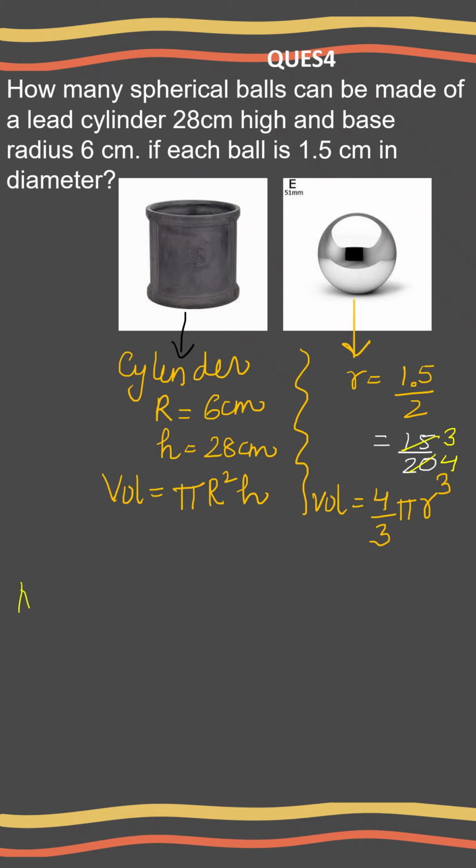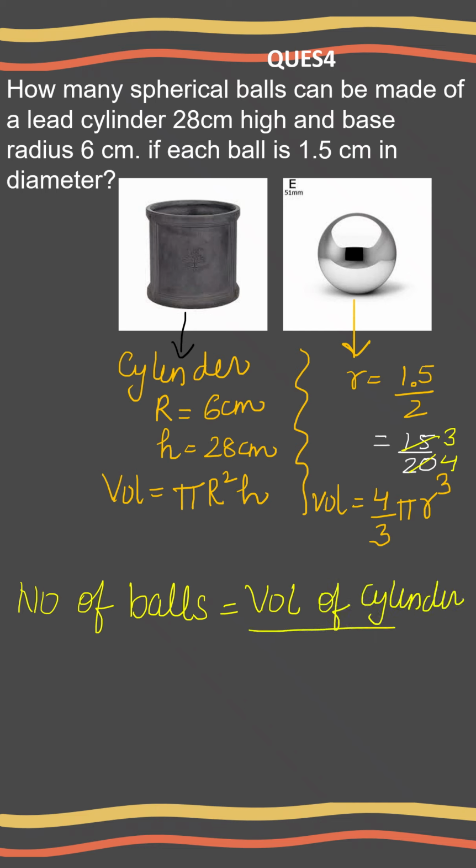So whenever we are finding number of chocolates, number of pens, number of balls, we use division operation. So in the numerator, write the bigger one, volume of cylinder, because we are creating small spherical balls out of it, upon volume of one spherical ball.